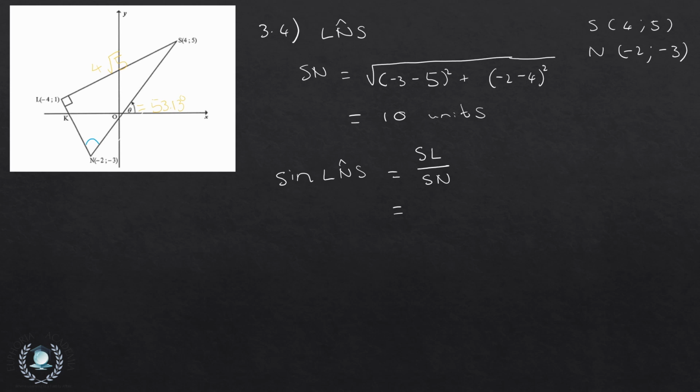We already calculated SL, and we found that it was 4 multiplied by the square root of 5, over SN, which we just calculated above, and it was 10 units. And when you do your maths of that, as well as find the arcsine, you can find that the angle LNS is equal to 63.44 degrees.